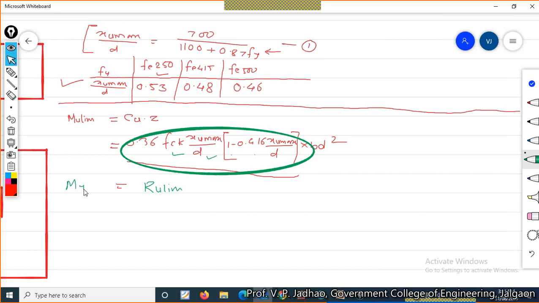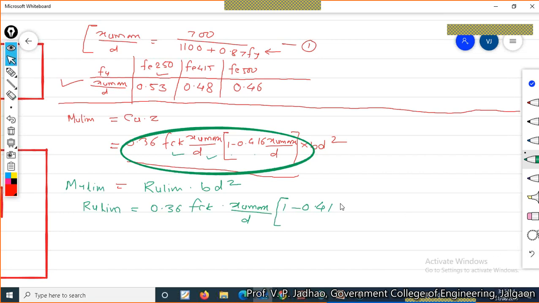So we get Mu limiting is equal to Ru limiting multiplied by bd square, where Ru limiting is equal to 0.36 fck multiplied by Xu max upon d, multiplied by 1 minus 0.416 Xu max upon d.